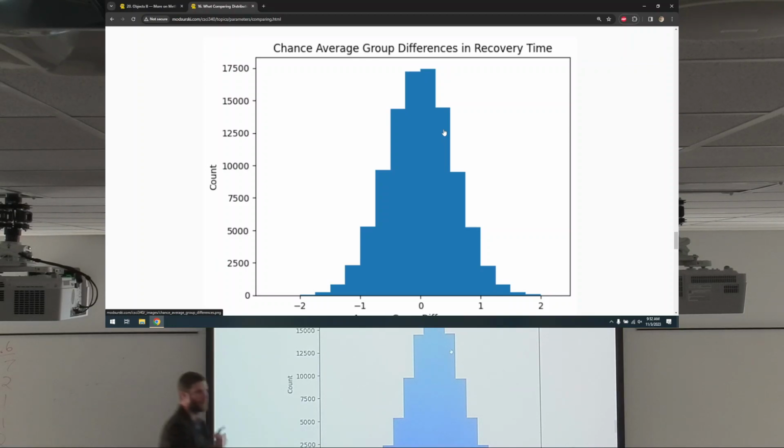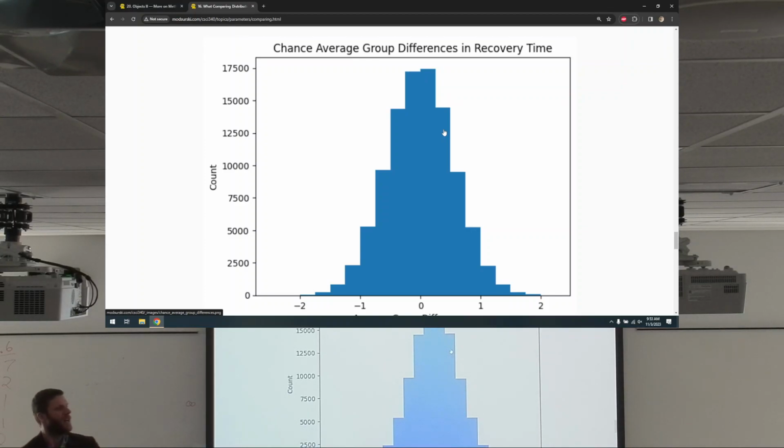So this distribution is, remember, assuming the null hypothesis, there's no difference of having a drug or not. And if there's no difference of having a drug or not, then it doesn't matter which person went to which group. We're assuming that the recovery time had nothing to do with the actual drug.